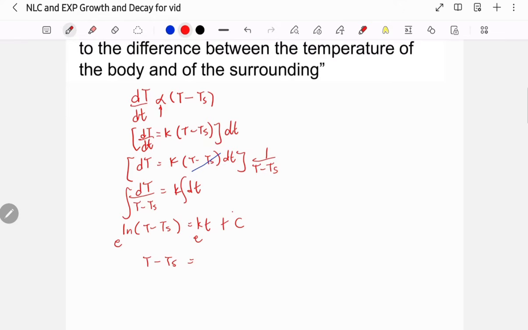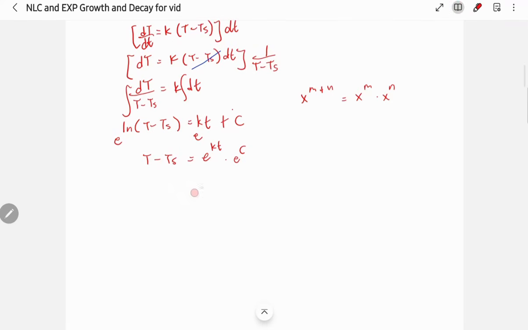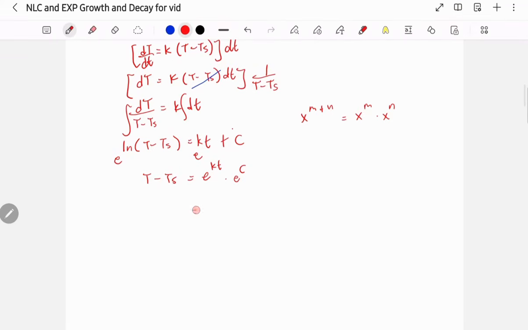And using the law of exponents, x to the power of m plus n is equivalent to x to the power of m times x to the power of n. So, this one is equivalent to e to the kt times e to the c. But e to the c is constant, right? So, e to the kt times e to the c is C. And C times e to the kt is C e to the kt.